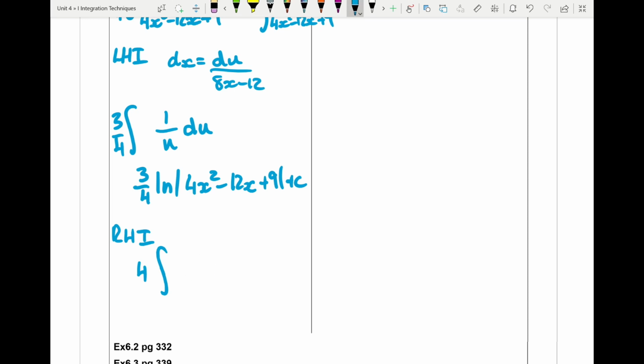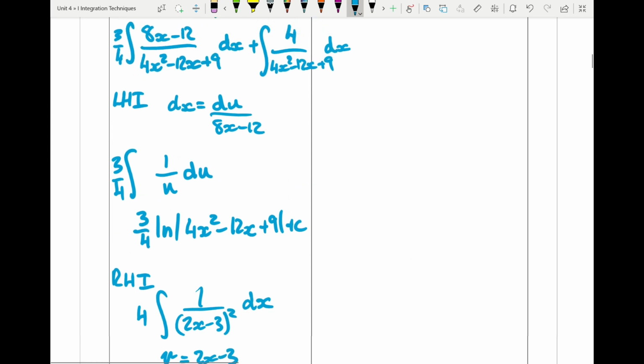So we've got 1 over, if we were to factorize this, 2x take 3 squared. So substituting u equals 2x take 3, or let's use v for this, so v equals 2x take 3.